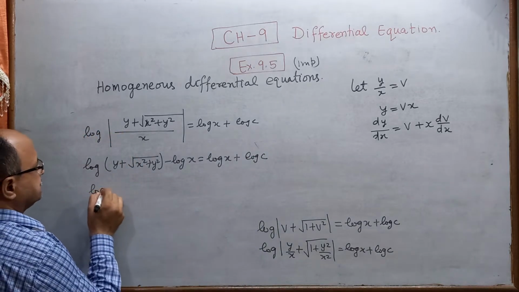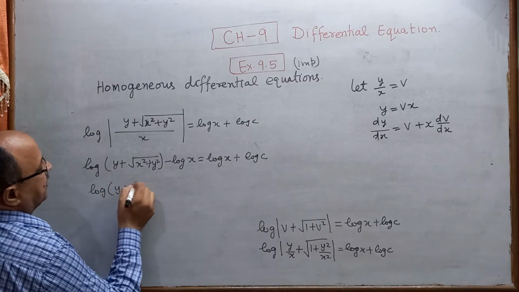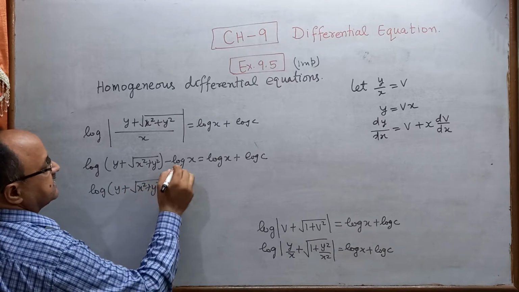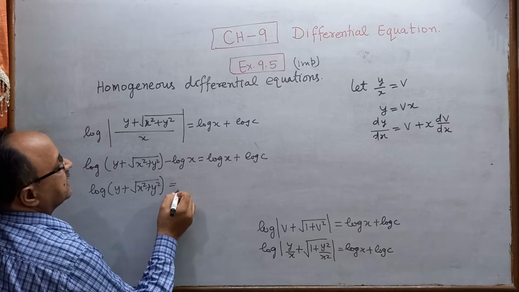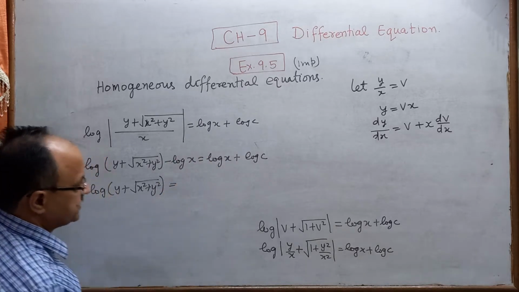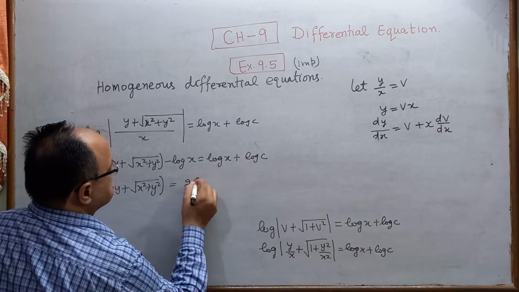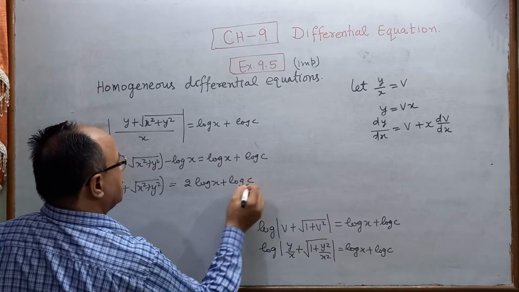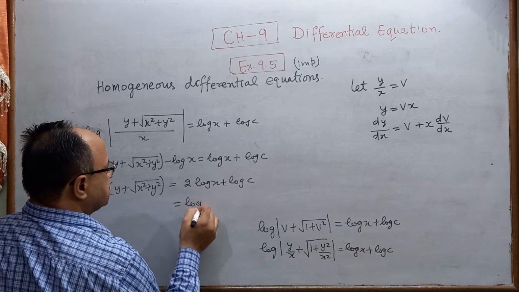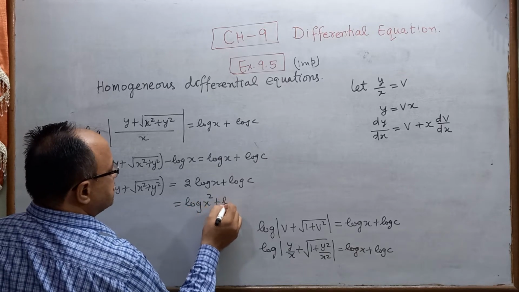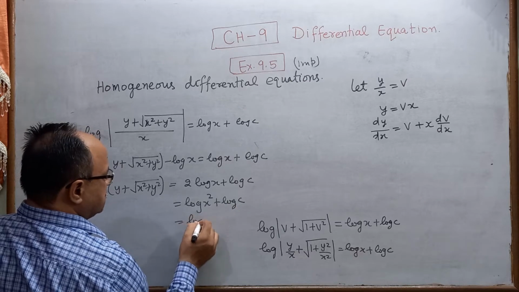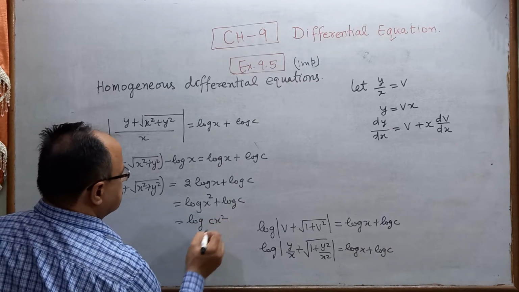You can write log y plus root x square plus y square, shift this quantity there, that is 2 log x. You can see 2 log x plus log c, and 2 log x you can write log x square plus log c, and log m plus log n, log c x square.